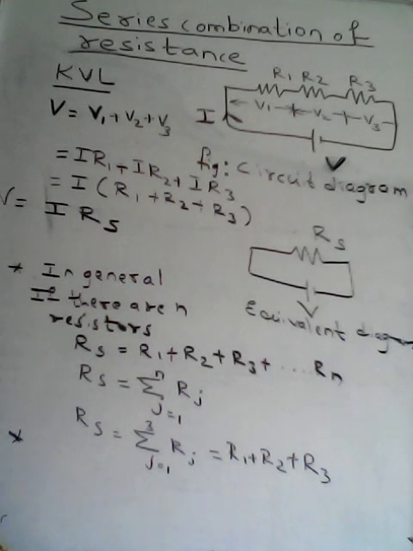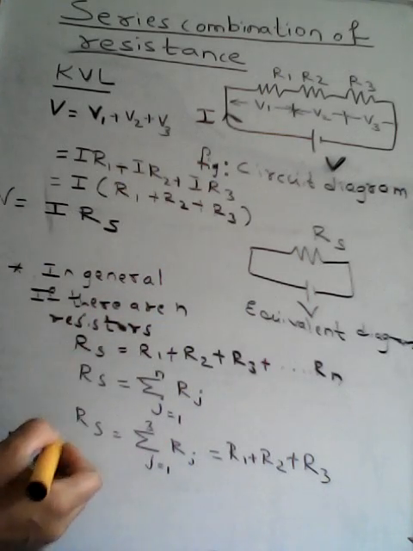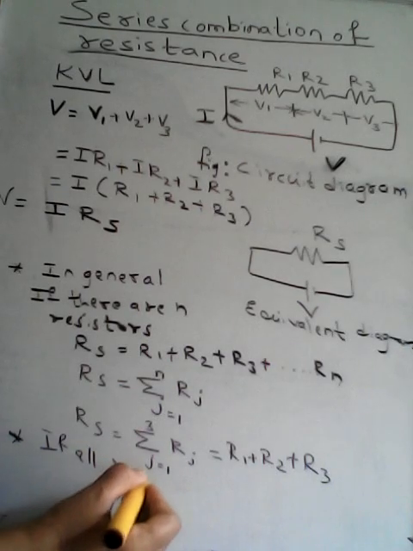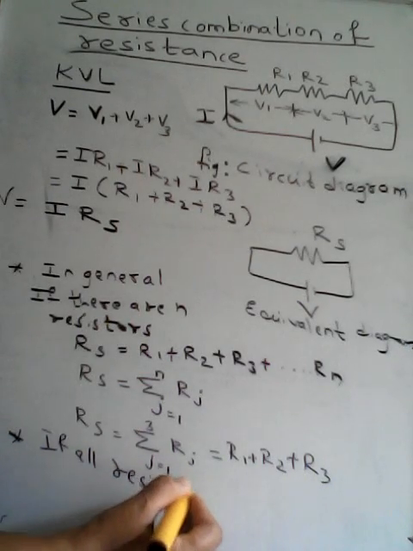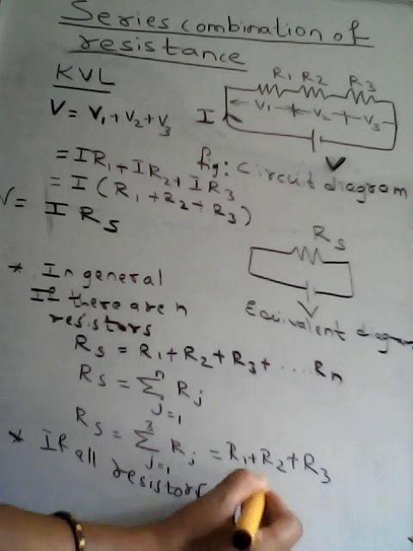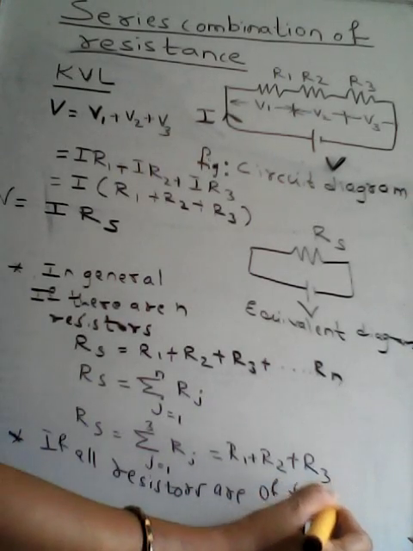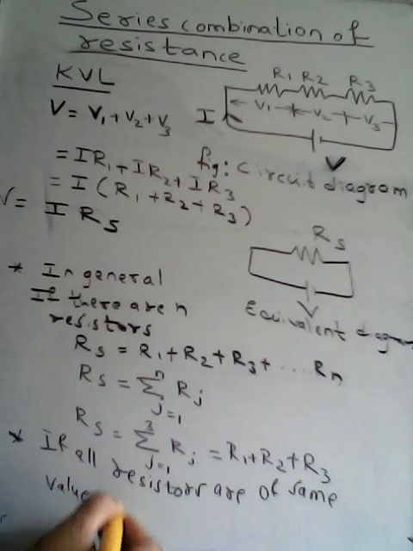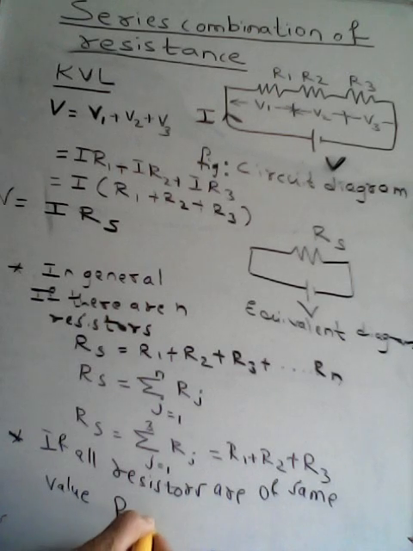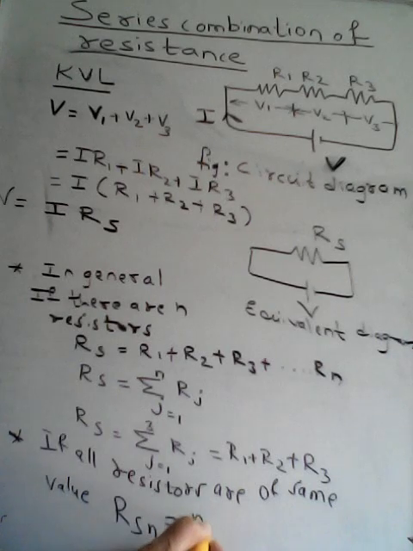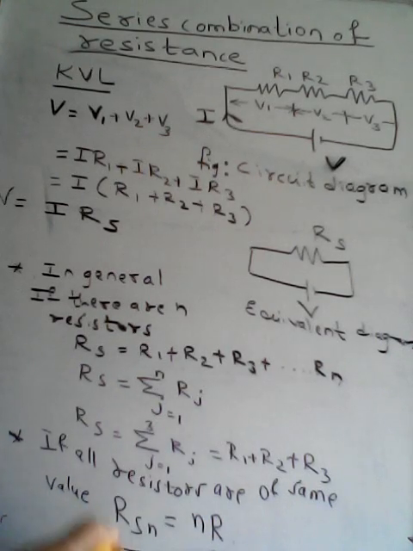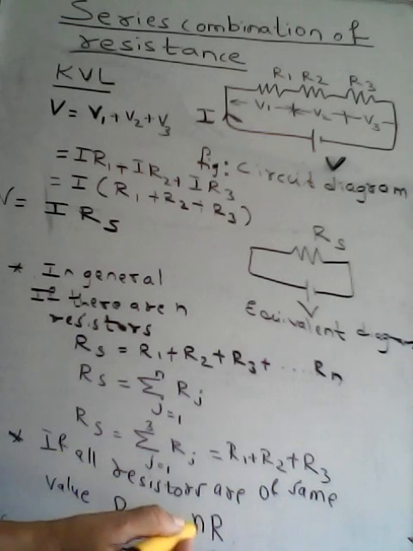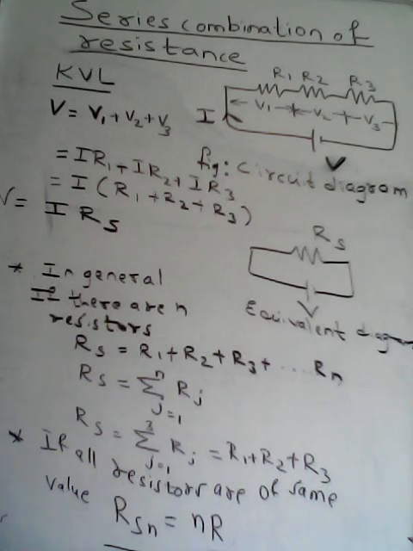Now one more thing we come across: if all the resistors are of the same value, then the series equivalent resistance for N resistors can be represented as N into R, where N is the number of resistors and R is the resistance value.